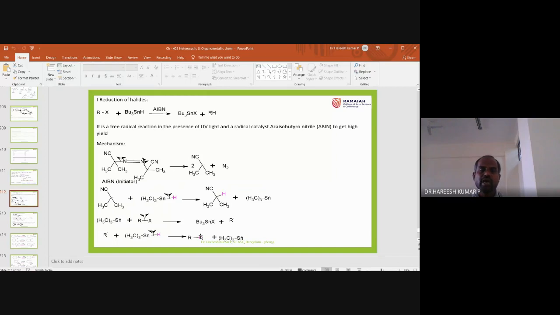This is how the alkyl halide is converted into a hydrocarbon, and this is the mechanism for the conversion of alkyl halide to hydrocarbon, in which azaisobutyronitrile acts as a radical initiator. Okay, this is about the mechanism.